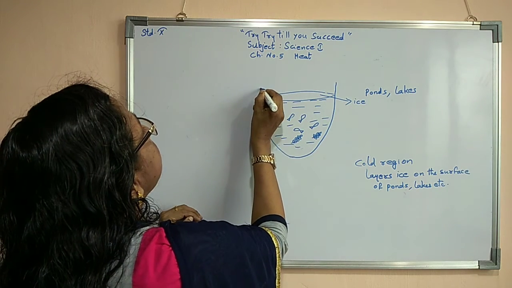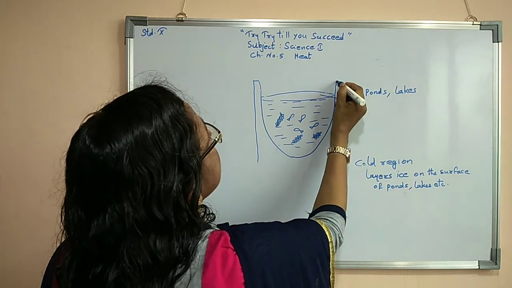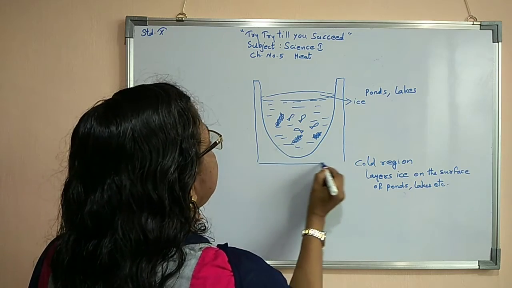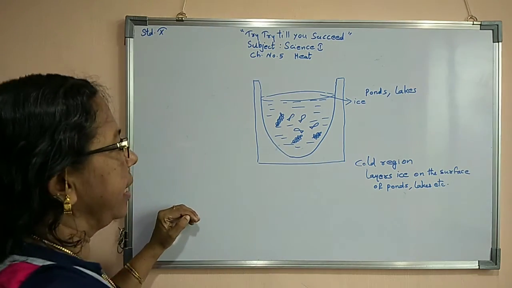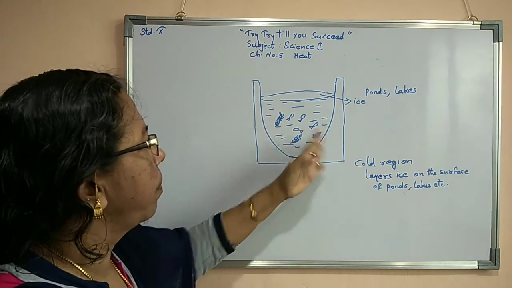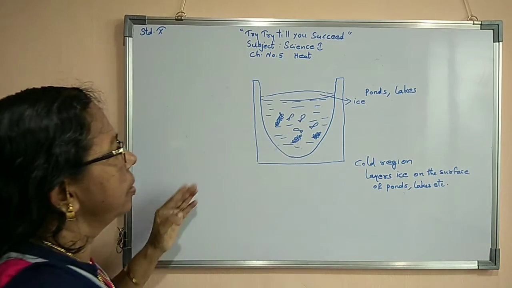Now here I am showing you, this is the side part, muddy part of the lake or river. We can say that this is the border part we can see. So here now this is the pond.